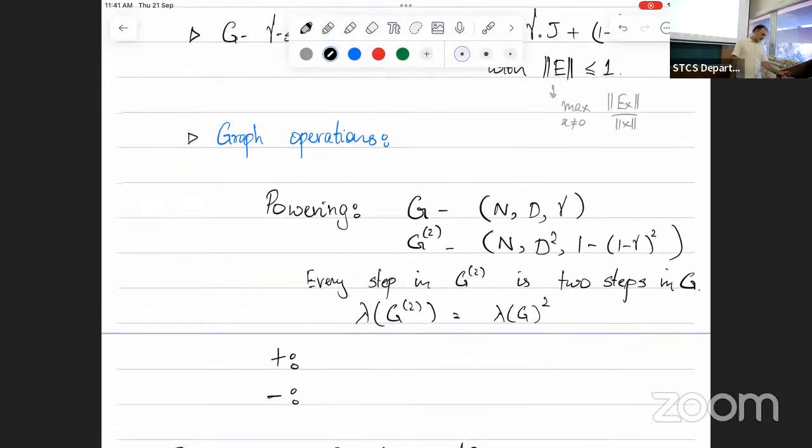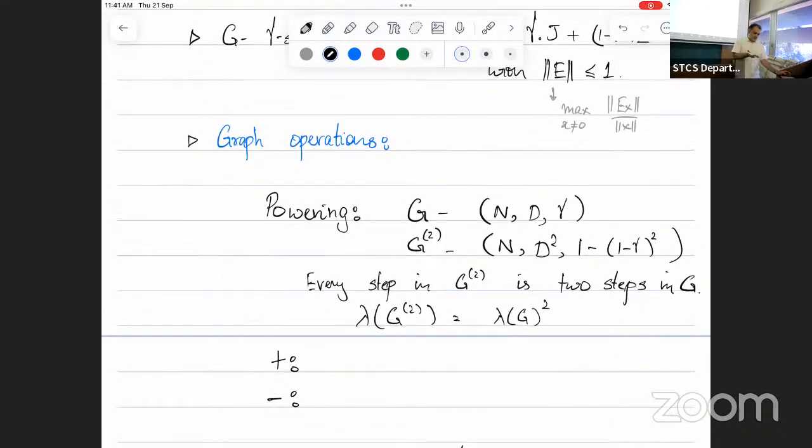And so this was the graph G squared, and it's a very natural thing. Again, there's nothing special about square. You could have done this for any higher power also. What is the plus, the good thing that this operation does? It reduces lambda, which is the same thing as increasing gamma.